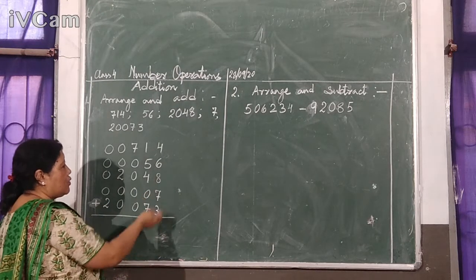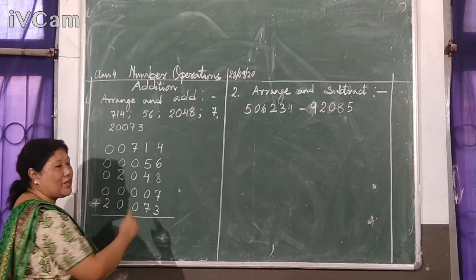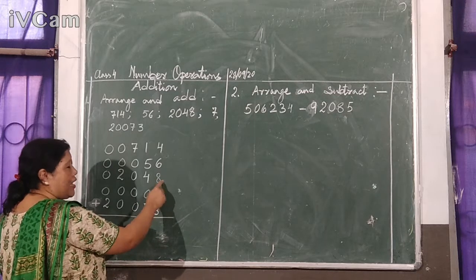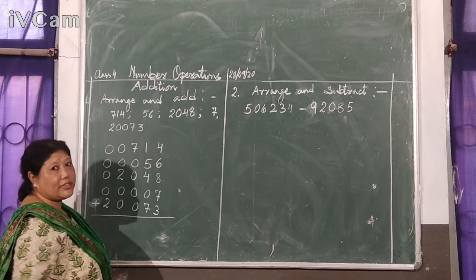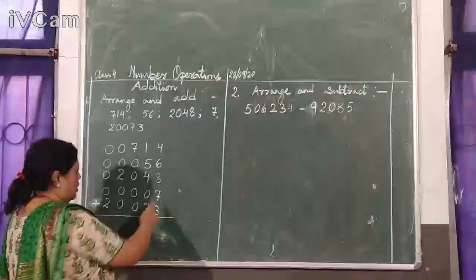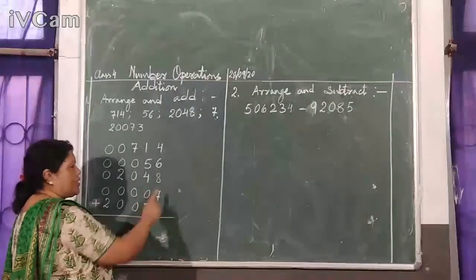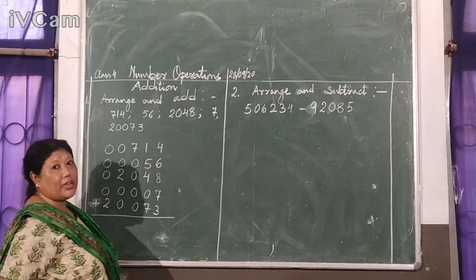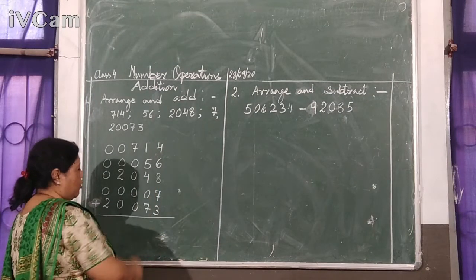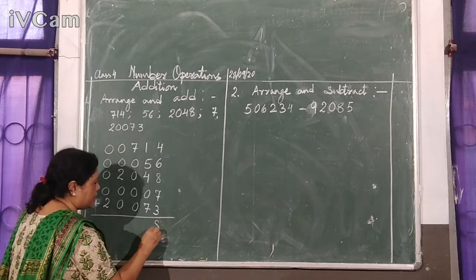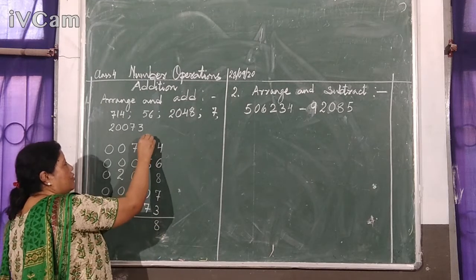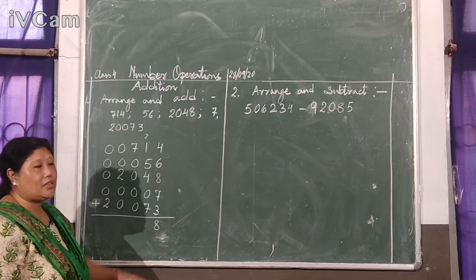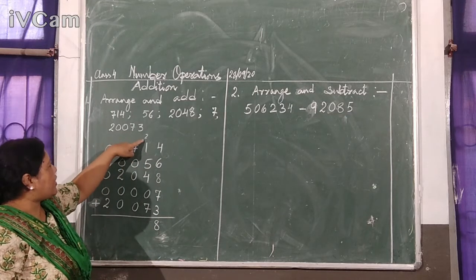Now count, you know counting, isn't it? 7 plus 3, 10, 10 plus 8, 18, 18 plus 6, 24. Then 24 plus 4, 28. Then 2 left, you'll write it here, carry over, okay?